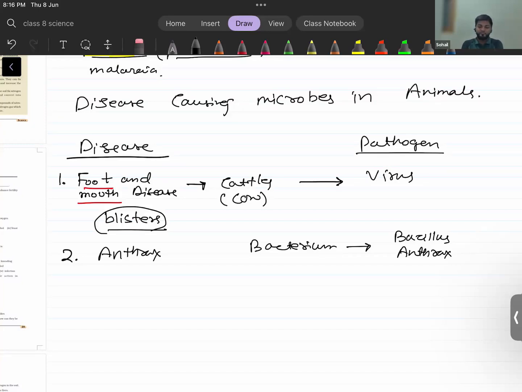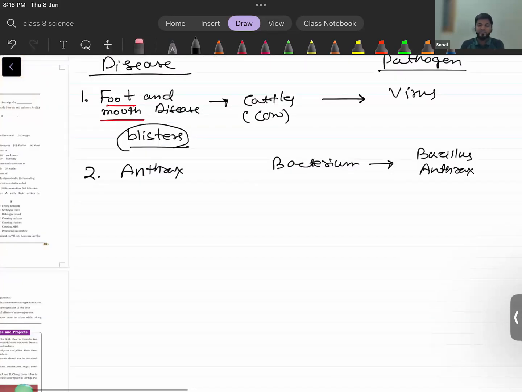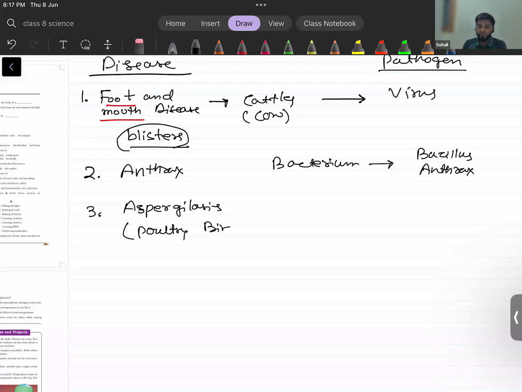Now another type of disease is caused in poultry birds, birds which are consumed for meat, the farm hens. That is called aspergillosis. You know what poultry birds are?